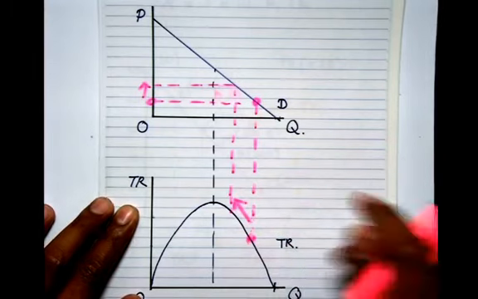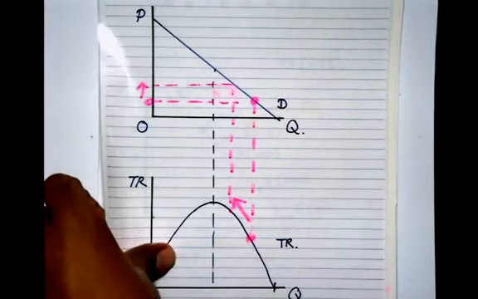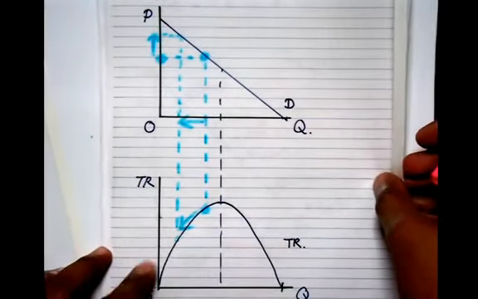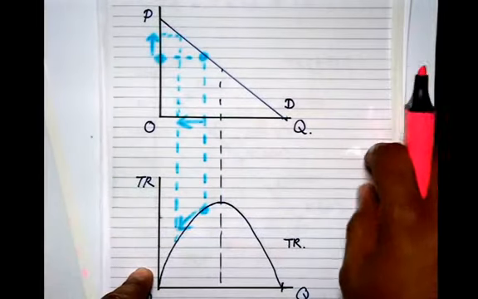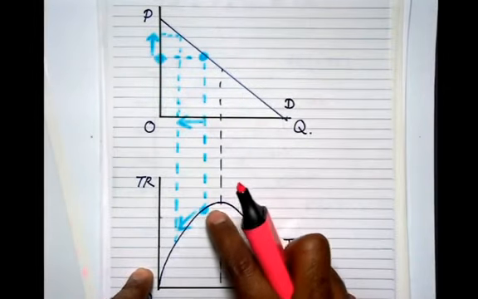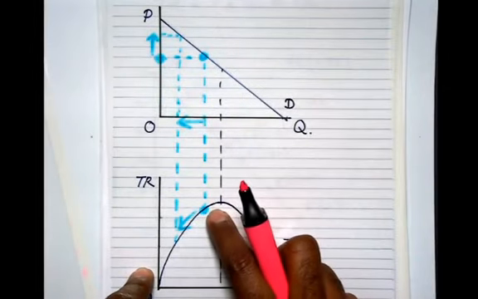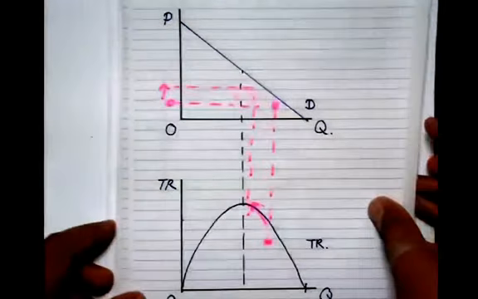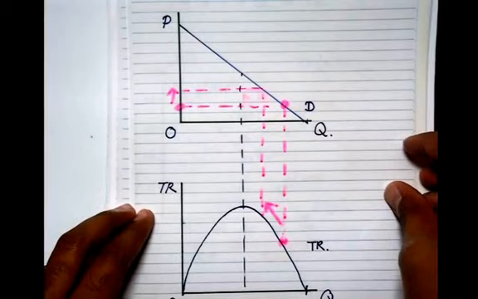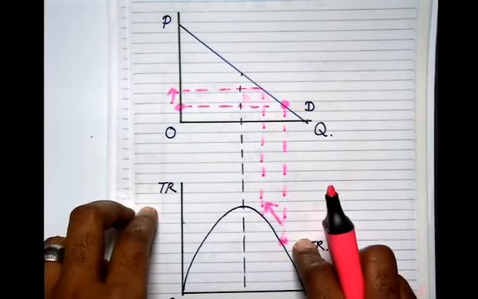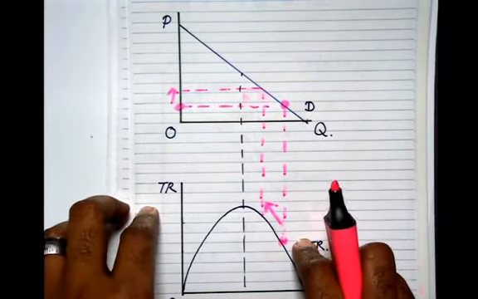It is exciting because what I showed you before, on the elastic side, if you raise the price, total revenue will go down. On the inelastic side, if you raise the price, total revenue will go up.